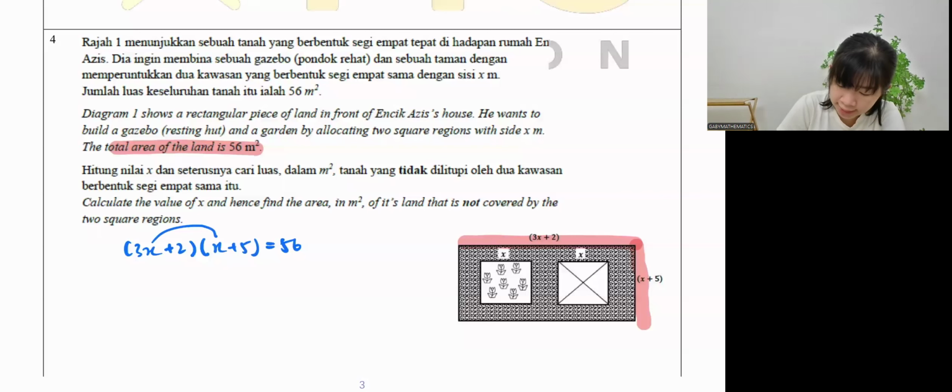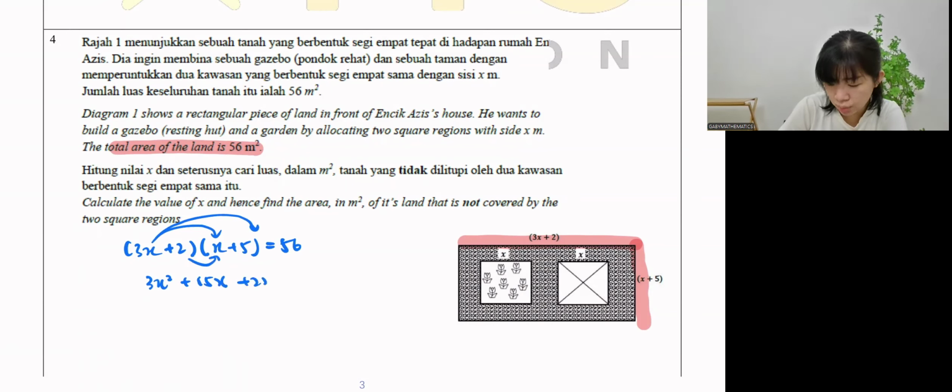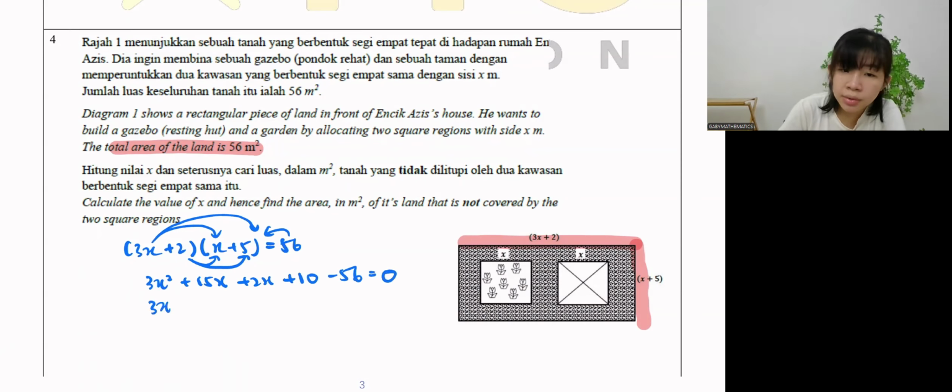3x times x, 3x squared. 3x times 5, 15x. 2 times x, 2x. 2 times 5, 10. You can bring this 56 over, minus 56 equals 0. 3x squared plus 15x plus 2x, 17x.